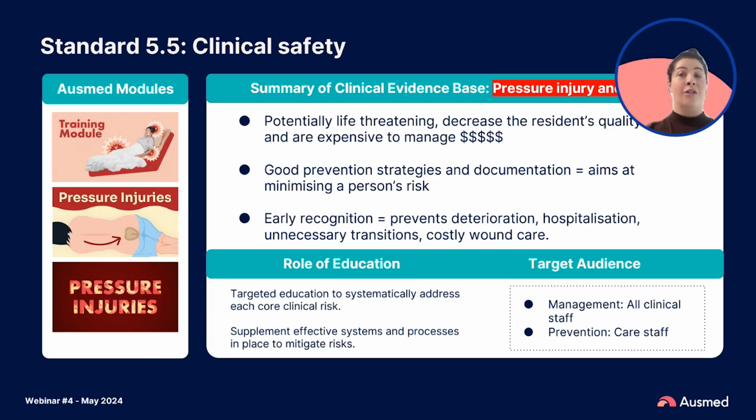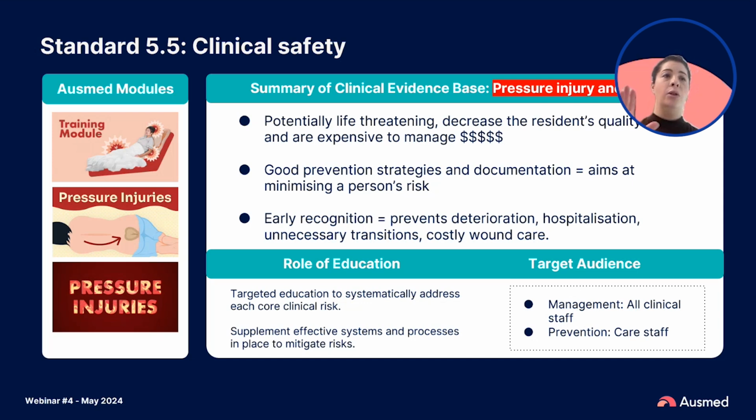It's a lot, for our most vulnerable. So we really want good prevention strategies, good documentation that aims at minimizing a person's risk, because early recognition of an early pressure injury and preventing that deterioration, that even hospitalization or that unnecessary and costly wound care really does reduce harm.